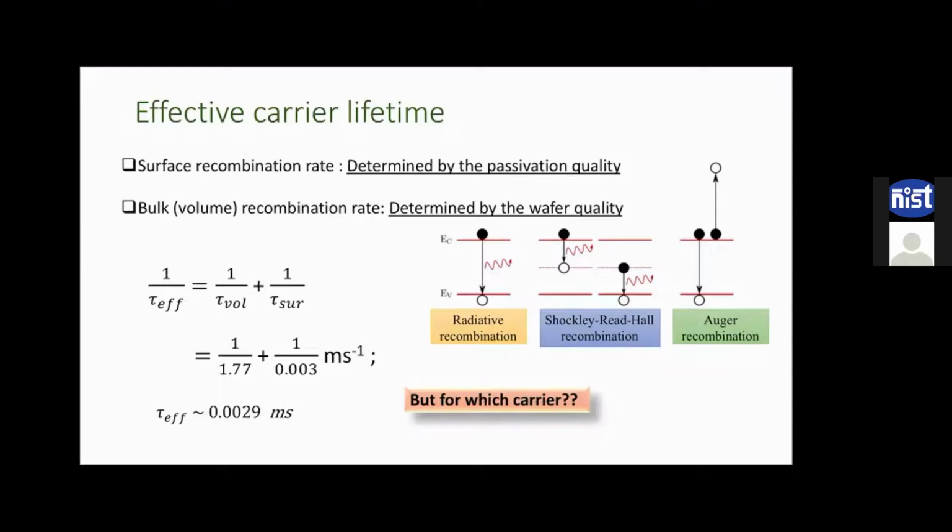Which carrier is actually giving you this lifetime? Is it the lifetime of the electrons? Is it the lifetime of the holes? Or is the lifetime of the photogenerated electrons and holes equal? This is very important. Let's see.